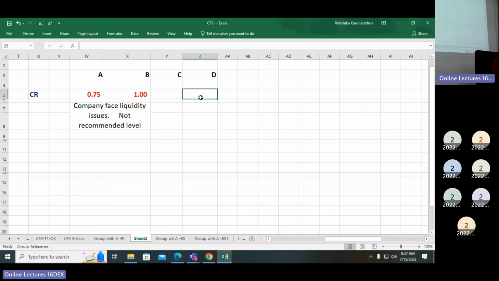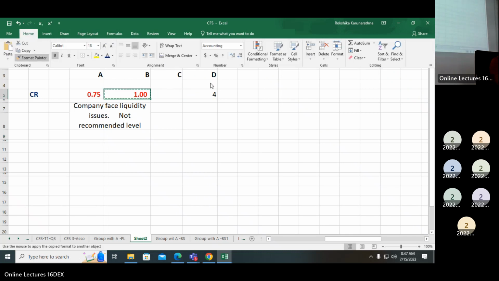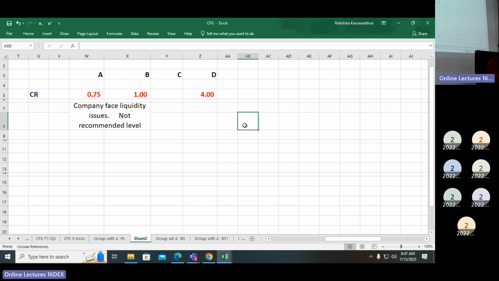ඊළඟට අපි හිතමු current ratio කියනවා 4 කියලා. Current ratio 4. To say what it means, to settle 1 rupee current liability, we have 4 rupees worth of current asset. Company D, right? Just follow.